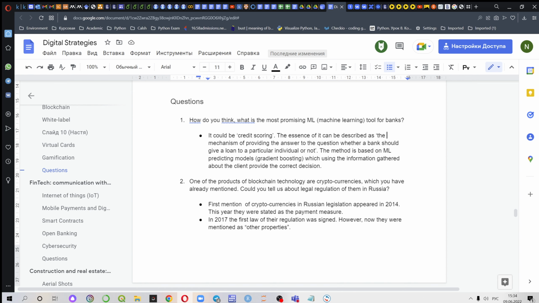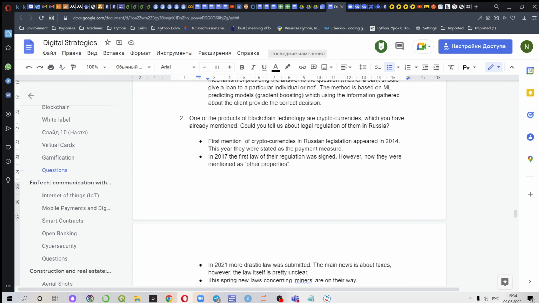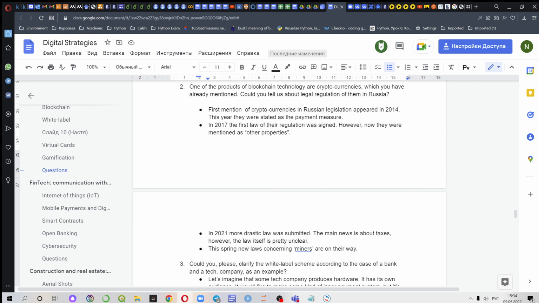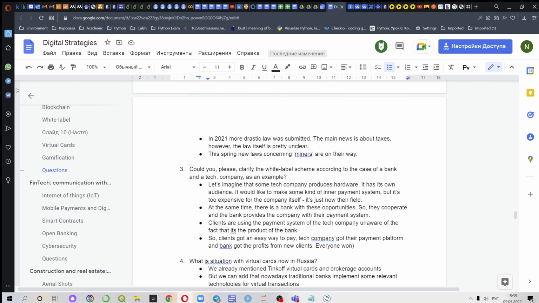Okay. So the first mention of cryptocurrencies in Russian legislation appeared in 2014. This year, they were stated as a payment measure. In 2017, the first law of their regulation was signed. However, now they were mentioned as other property. In 2021, a more drastic law was submitted. The main use is about taxes.